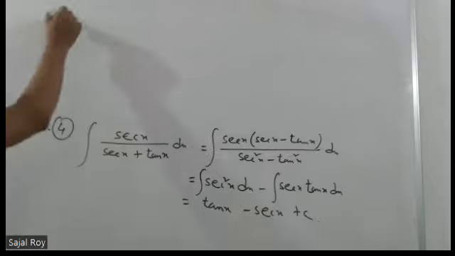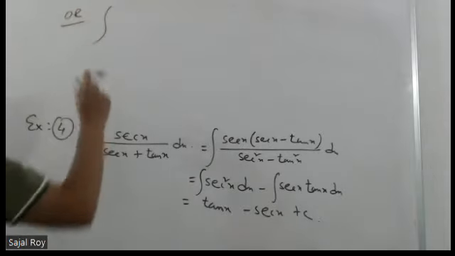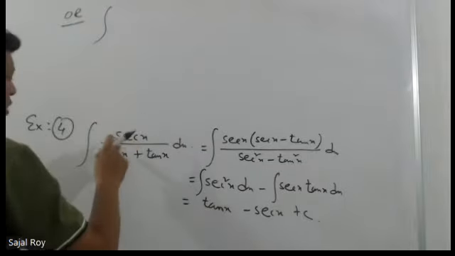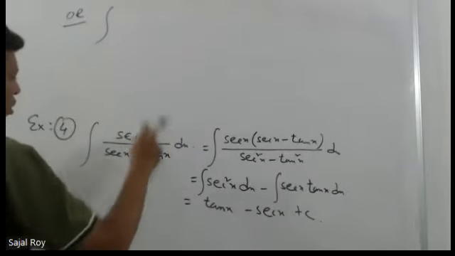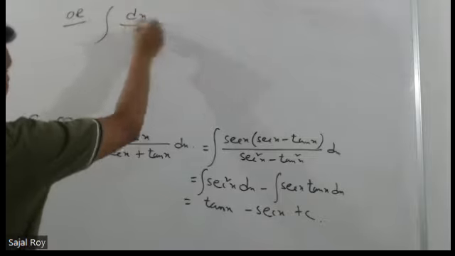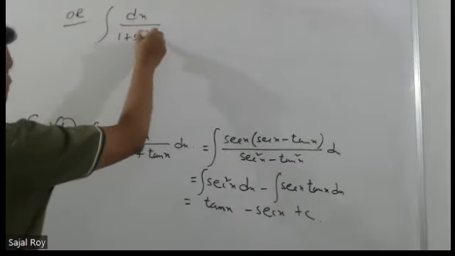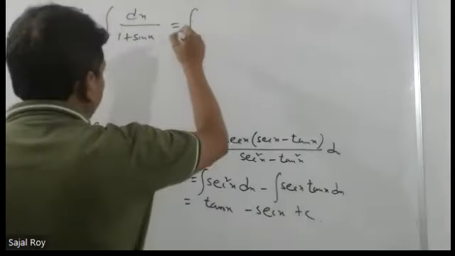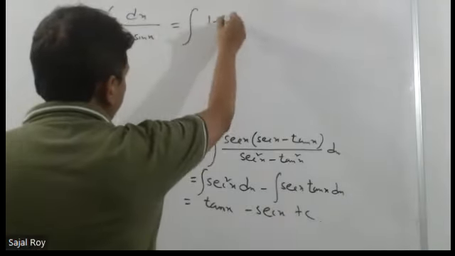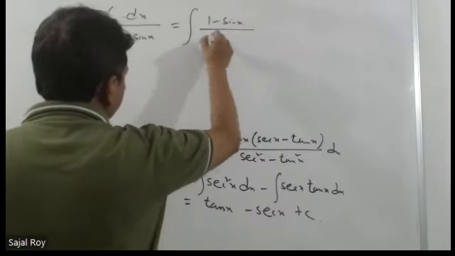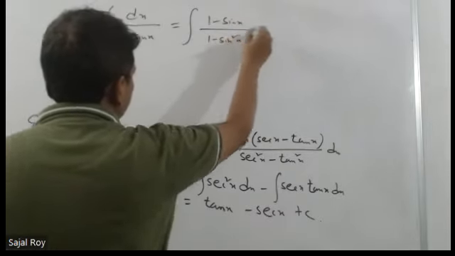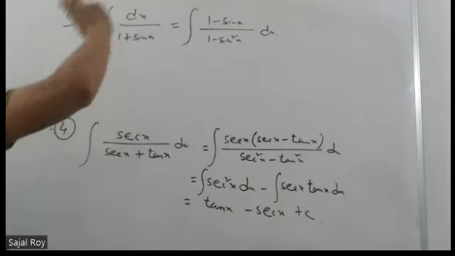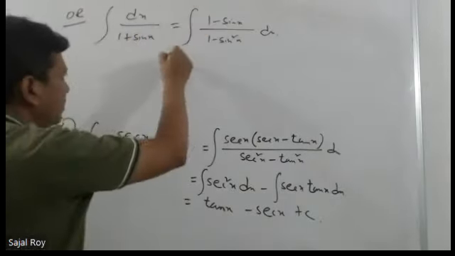Another way, you can just simply convert it into sine cos. So sec is 1 by cos, tan is sine by cos. So dx by 1 plus sine x. So multiplying the numerator and denominator by 1 minus sine x. If it is a plus, multiplying with negative. If it is a minus, multiplying with positive.